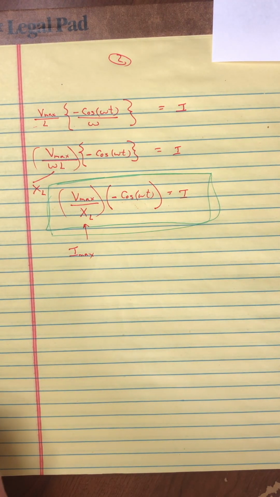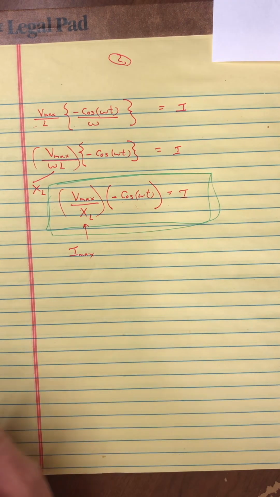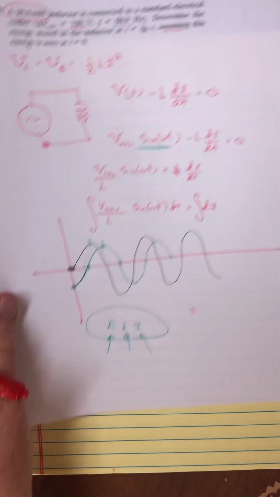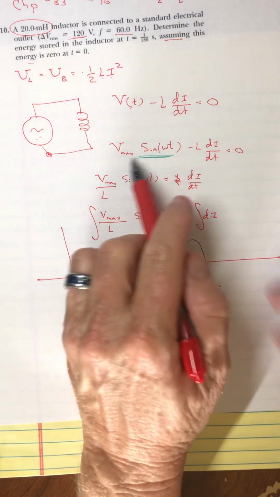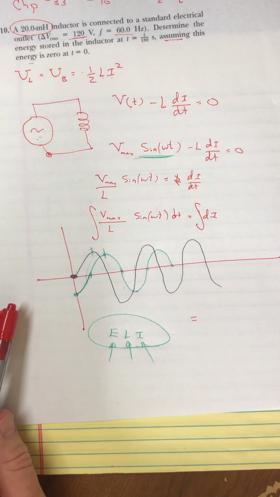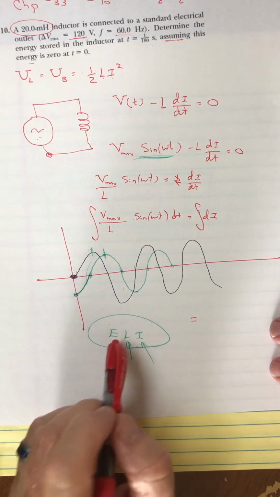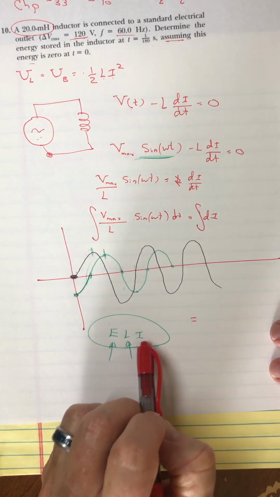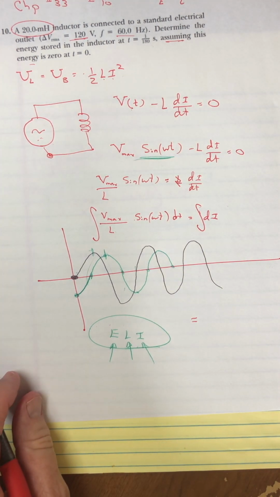It may not be a negative cosine function. It only comes out to be a negative cosine function if the voltage is a sine function. But what we do know for sure is that the EMF, the voltage, will lead the current.